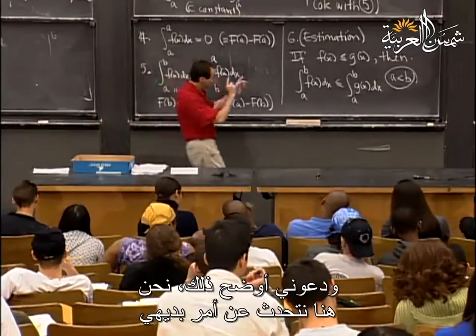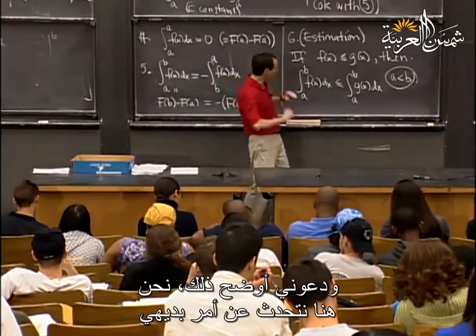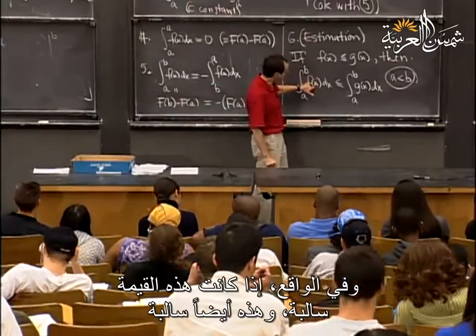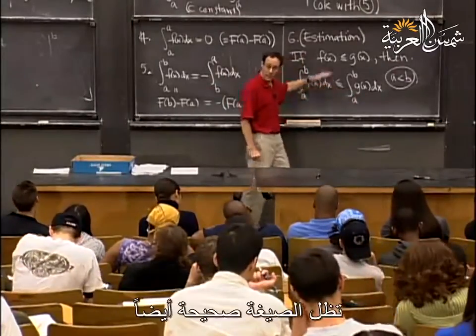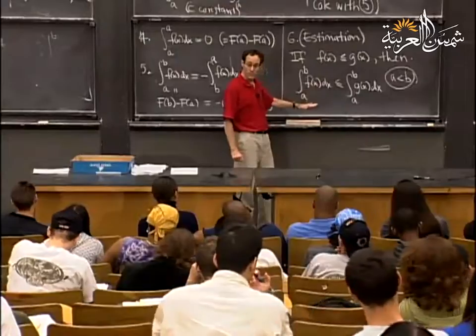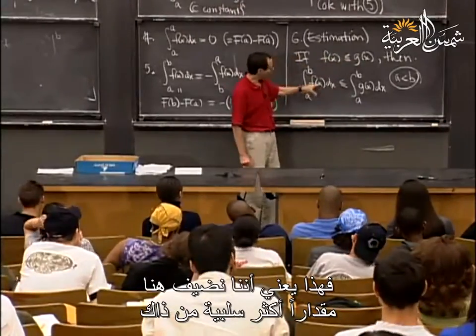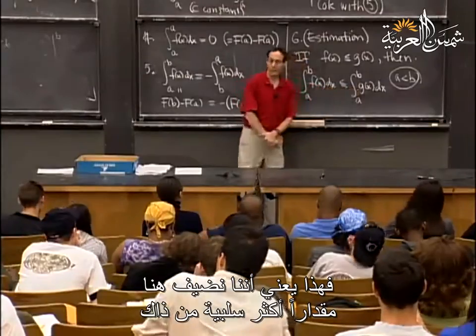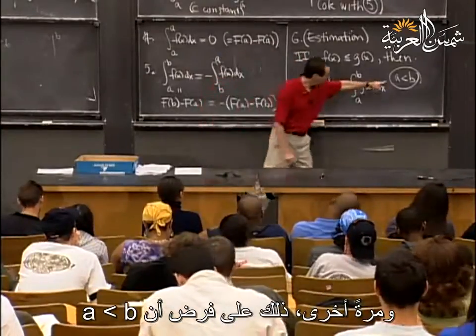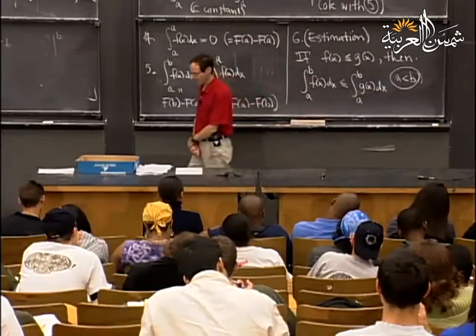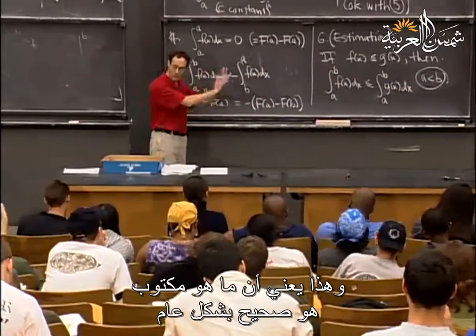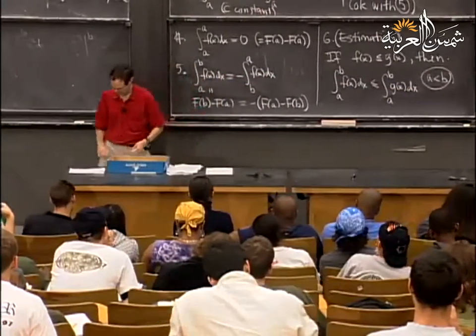But let me just emphasize, because we're dealing with the generalities of this, if one of these is negative and the other one is negative, then it also works. This one ends up being, if f is more negative than g, then this added up thing is more negative than that one. Again, under the assumption that a is less than b. All right? So it's as I wrote it. It's in full generality.